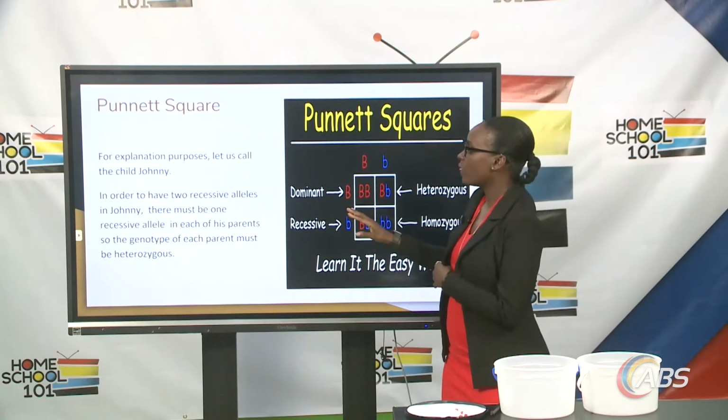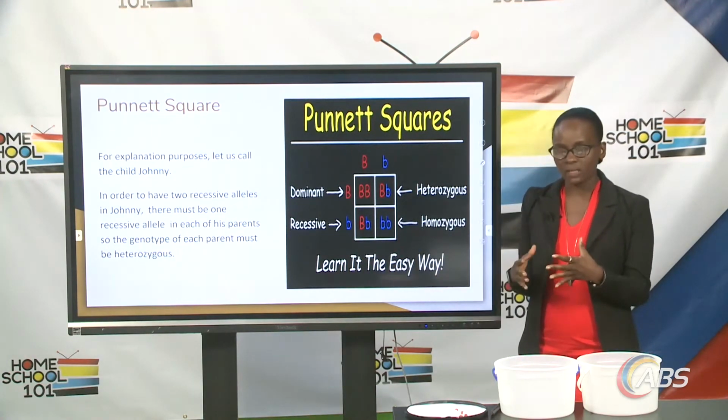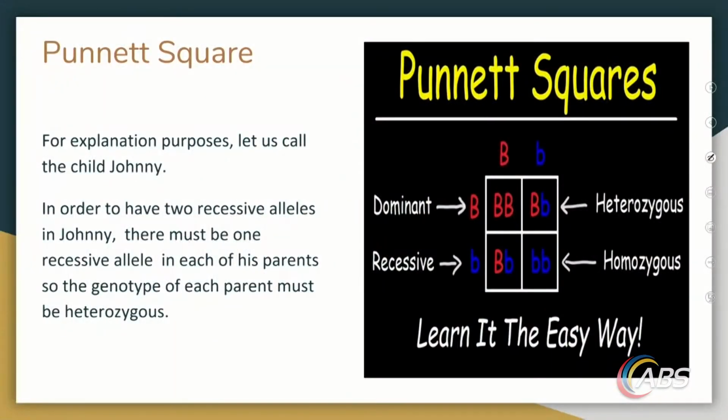Now, in order for them to produce this short individual, there must be two recessive alleles present in the genome of the parents. And we see here a prime example of how this is possible. Mom must have a recessive allele here, and dad must have a recessive allele as well.